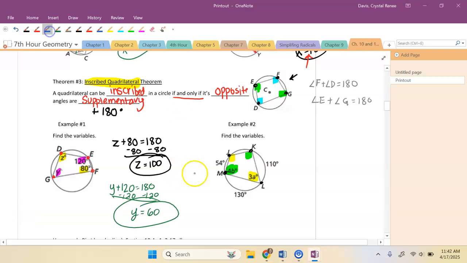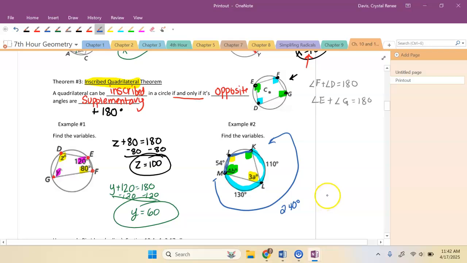But the problem with this is that we don't have any angle measures. But we can find angle J because we can use a previous theorem. We know the intercepted arc is right here in blue. Well, all the way around, 130 plus 110 would be what? 240 degrees?